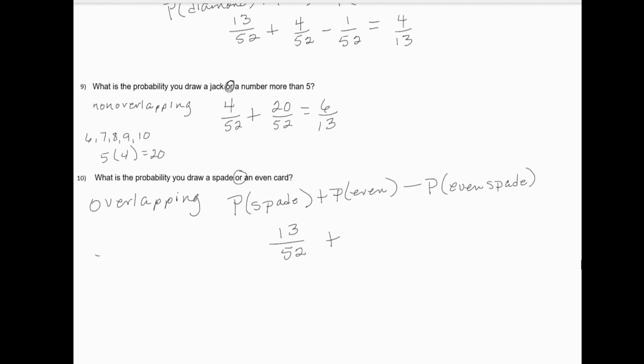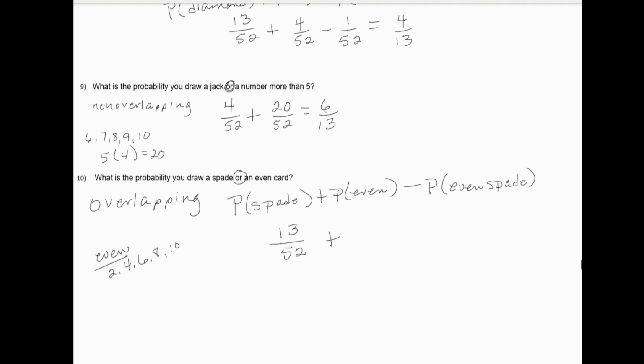Now, my even cards are 2, 4, 6, 8, and 10. And so I have that for diamonds. I have this for hearts, for clubs, and for spades.